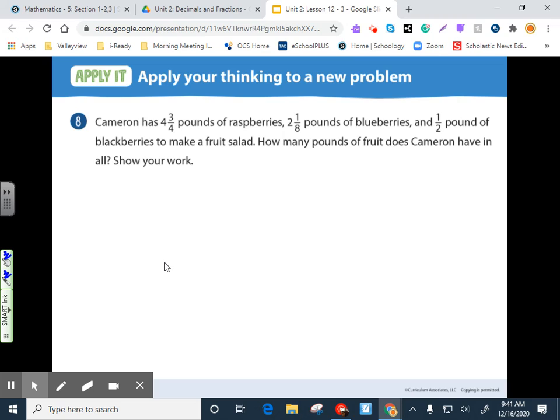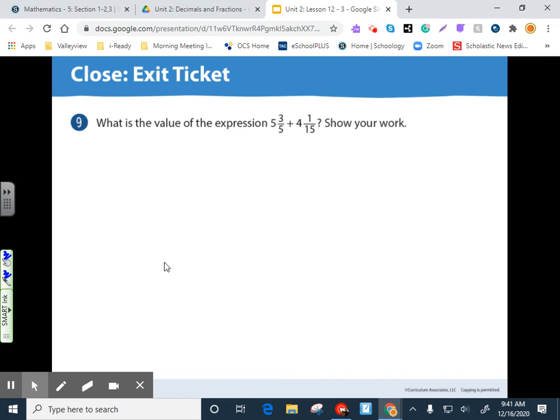And let's look at the last problem. All right, so another one where we've got this. Let's write down, we've got 5 3/5 plus 4 1/15.